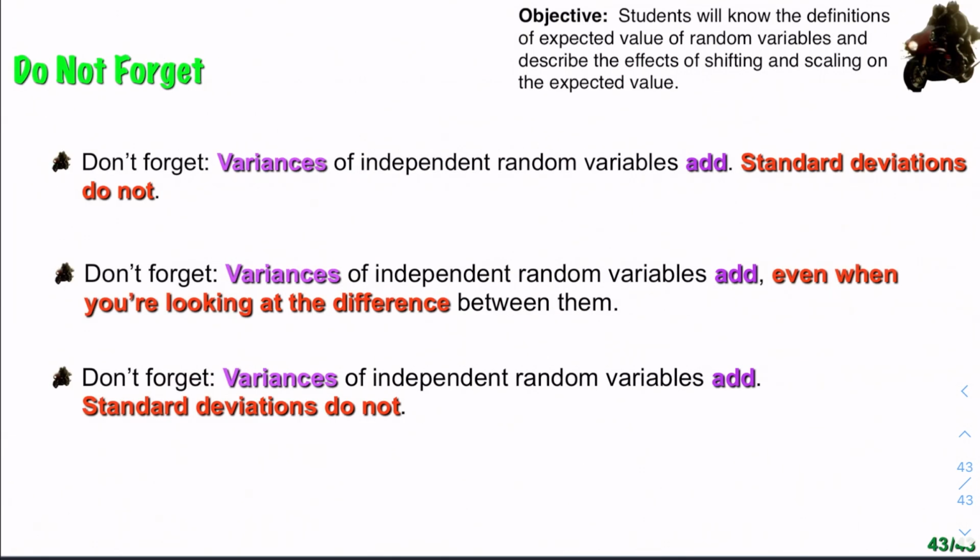Okay, to wrap this all up, do not forget, variances of independent random variables add. Standard deviations do not. Don't forget, variances of independent random variables add, even when you're looking at the difference between them. And lastly, don't forget, variances of independent random variables add.